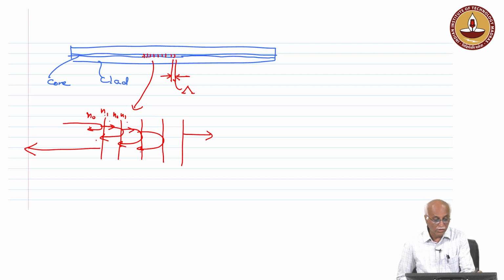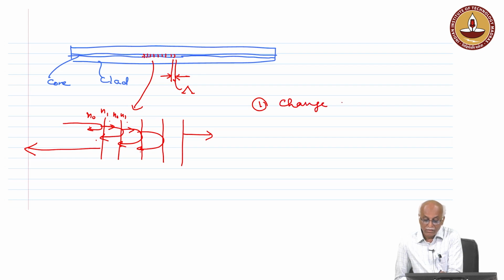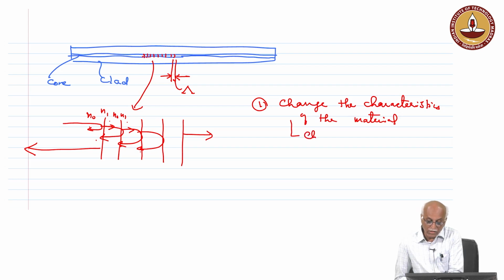Now, how do we induce this refractive index change? One way is to change the characteristics of the material, selectively. How do we induce a change in the refractive index of the material? That is one aspect.